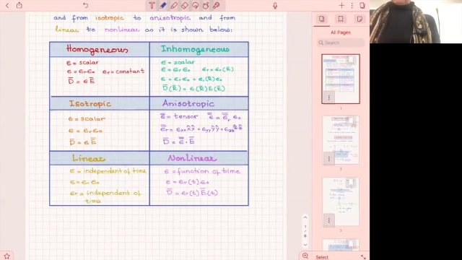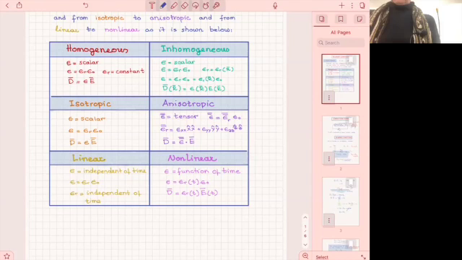If epsilon does not change with time, it's called linear. So homogeneous if it's scalar and a constant, inhomogeneous if it's scalar but changes in space. Isotropic if it's scalar but not necessarily a constant.